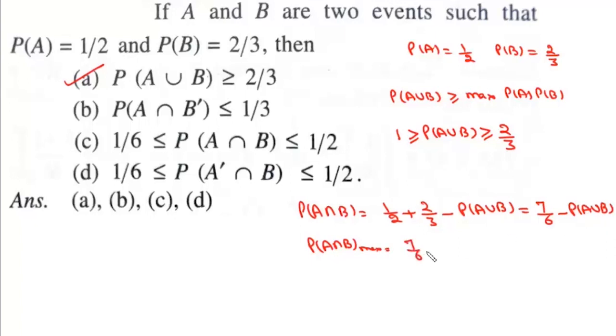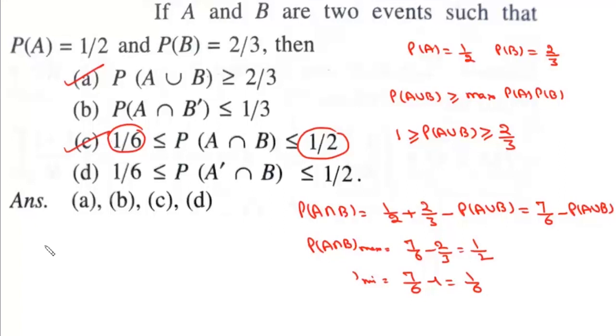So 7 by 6 minus 2 by 3, and there will be 7 minus 4, which is 1 by 2. So its maximum value will be 1 by 2, and it will be minimum when we put the maximum value of P(A union B), which is 1, which gives 1 by 6. So this value will lie between 1 by 6 and 1 by 2. So that means option C is also correct.